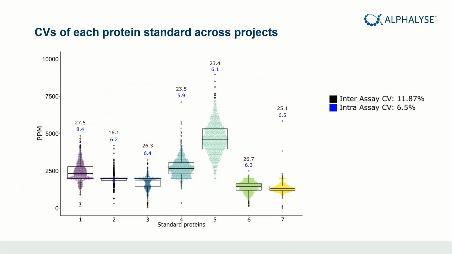So highly reproducible. For the same sample analyzed again, we have the intra-assay CV of only 6.5%. So this becomes a very reproducible assay that has enabled us to take this into a GMP environment.